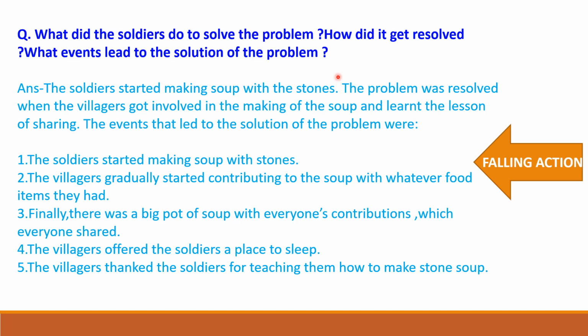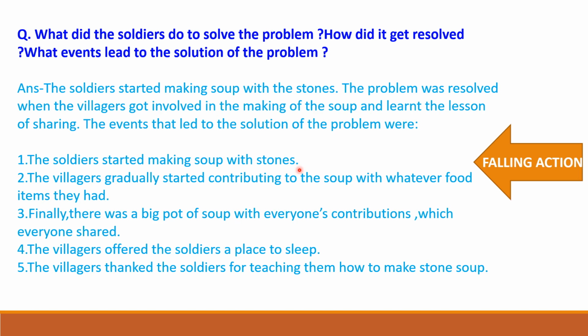Okay, so it is like the beautiful ending of the story, because the soldiers wanted to have something, and they solved the problem with their stones. Actually, the stones were for namesake. They wanted to teach a lesson to the villagers that when we share, we can solve any problem.